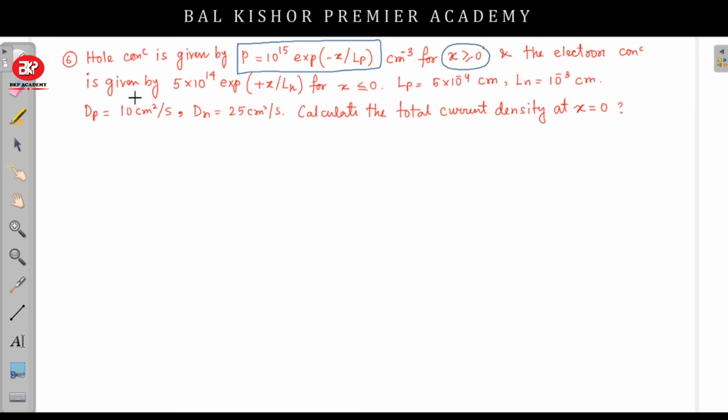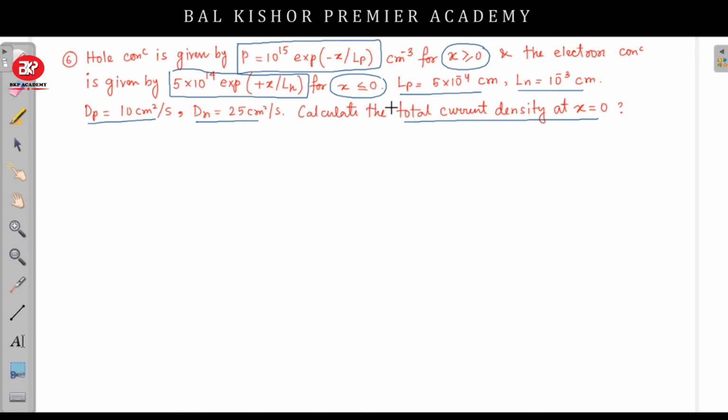The electron concentration is also given by another equation, valid for x less than or equal to 0. Lp value is given, Ln value is given, Dp value is given, Dn value is given. We have to calculate the total current density at x equals 0.